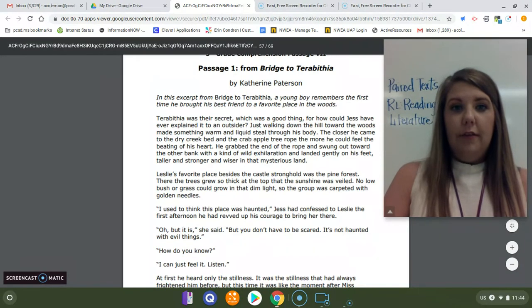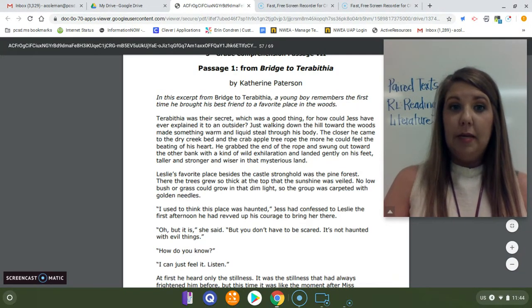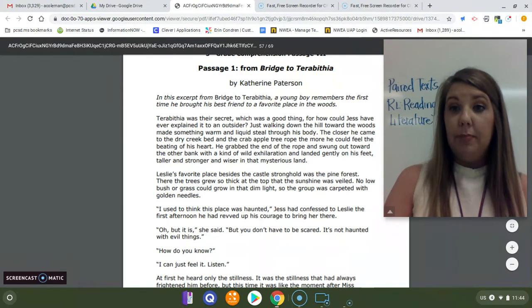In this excerpt from Bridge to Terabithia, a young boy remembers the first time he brought his best friend to a favorite place in the woods. Terabithia was their secret, which was a good thing, for how could Jess have ever explained it to an outsider? Just walking down the hill toward the woods made something warm and liquid steal through his body.